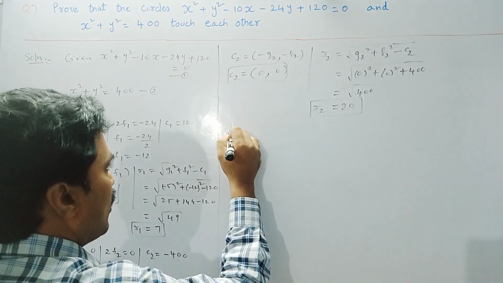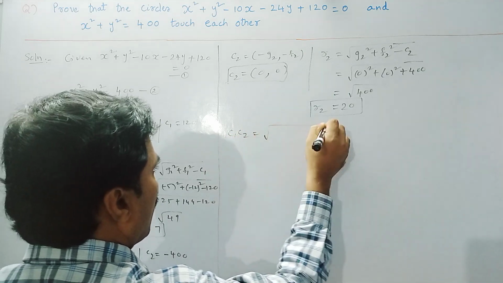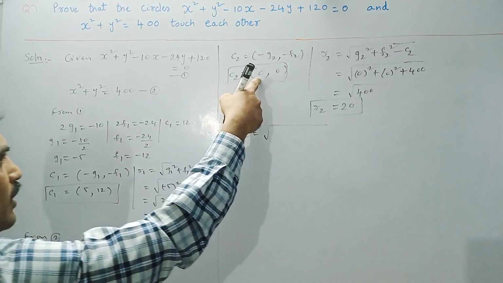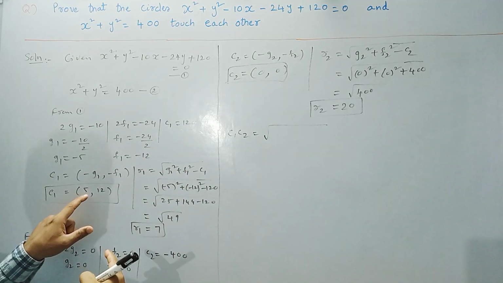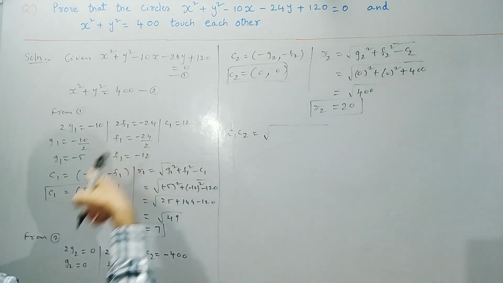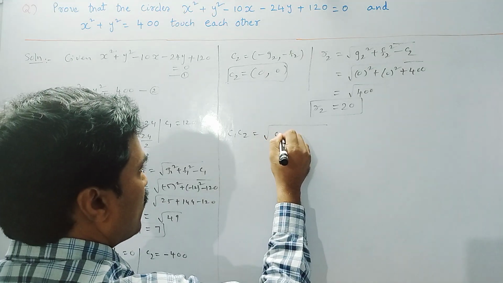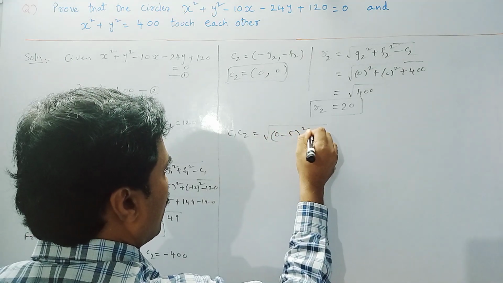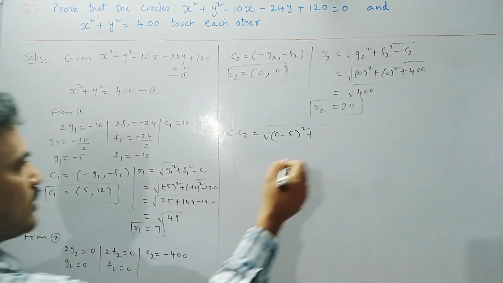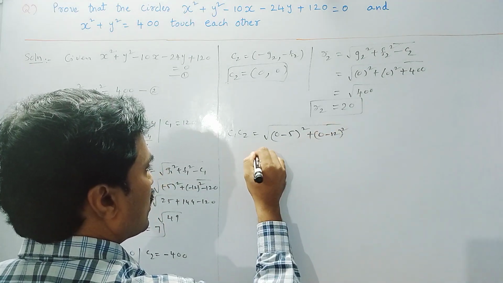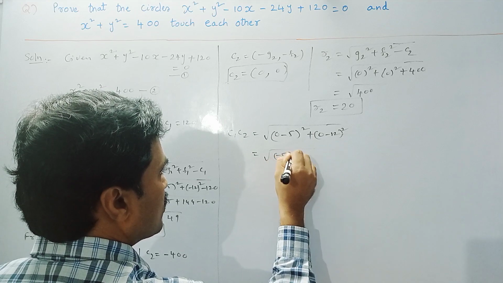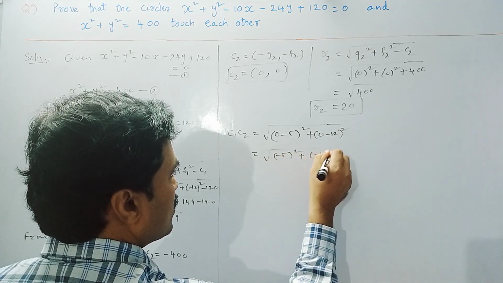So C1 C2 equal to square root of x2 minus x1 whole square plus y2 minus y1 whole square. We are taking this point as x2, y2, and this point as x1, y1. So x2 minus x1, we'll get 0 minus 5 whole square plus again 0 minus 12 whole square. So we'll get minus 5 whole square plus minus 12 whole square.